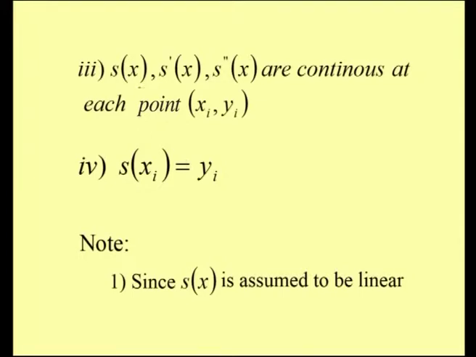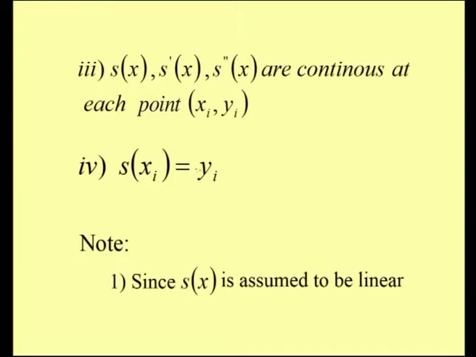And S of x, S dash of x, S double dash of x are continuous at each point (xi, yi). And almost all the values of x should satisfy the spline equations.